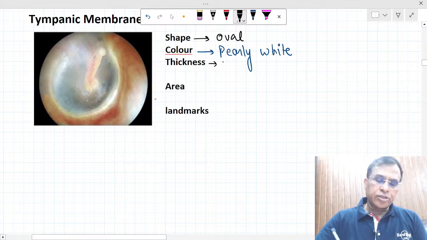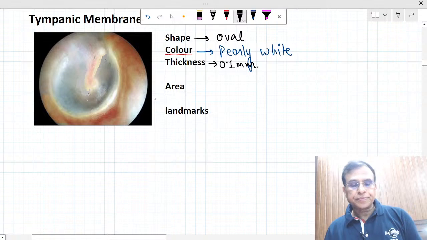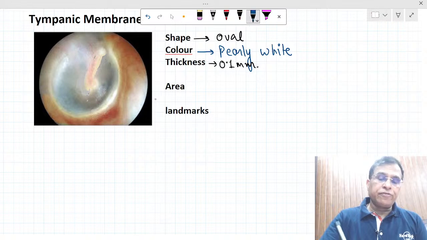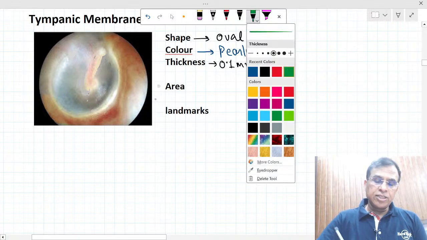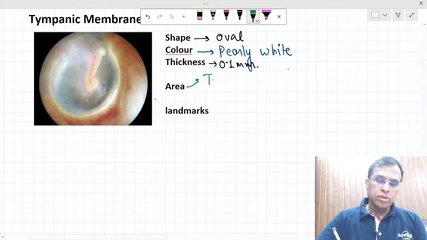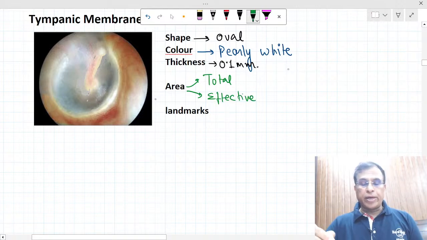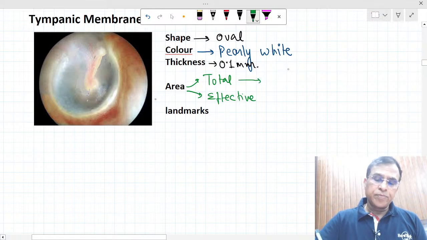It's a very thin structure, 0.1 millimeter thick. And when it comes to the area of the tympanic membrane, you have to be careful: is it the total area they are talking about or the effective area? Total area is the entire tympanic membrane, and that is 85 to 90 square millimeters.